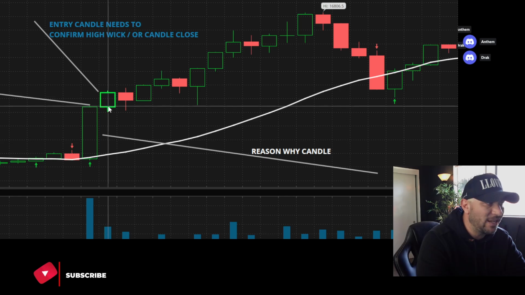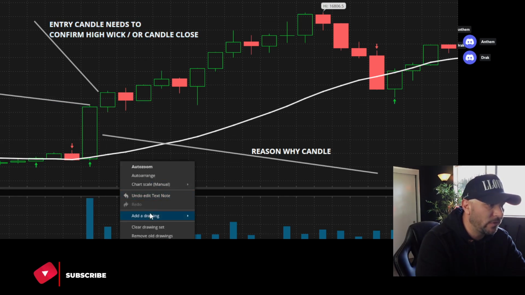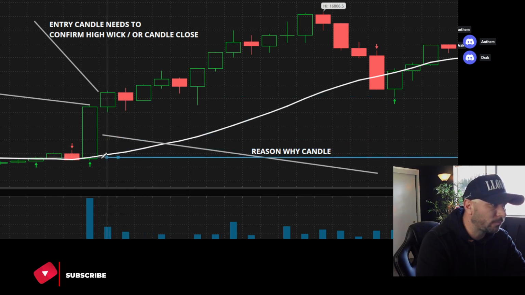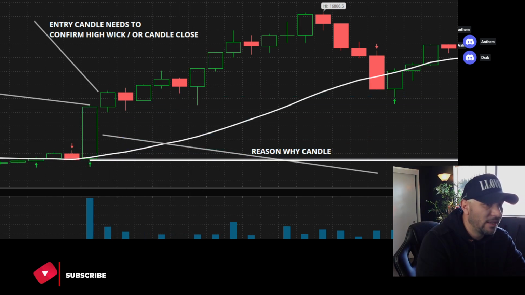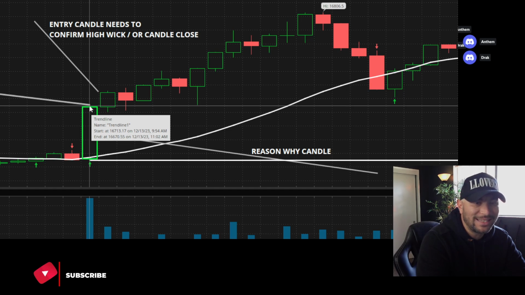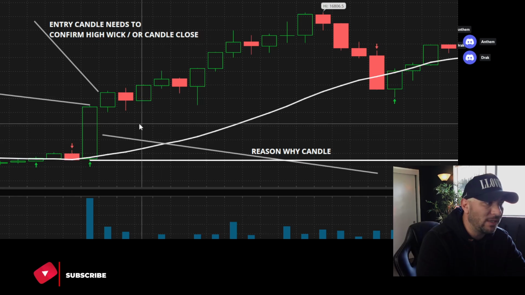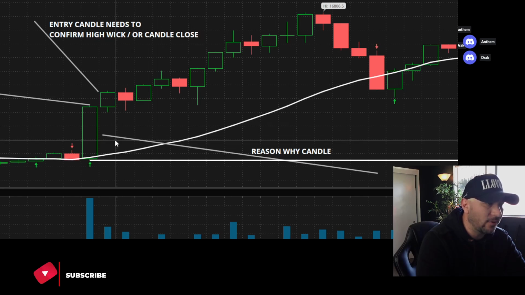So you get in on confirmation over this price. Your stop loss is down here, a 1-bar stop. On this particular play, from 16,590 all the way up to 16,670, you are looking at an 80-point reason why candle.